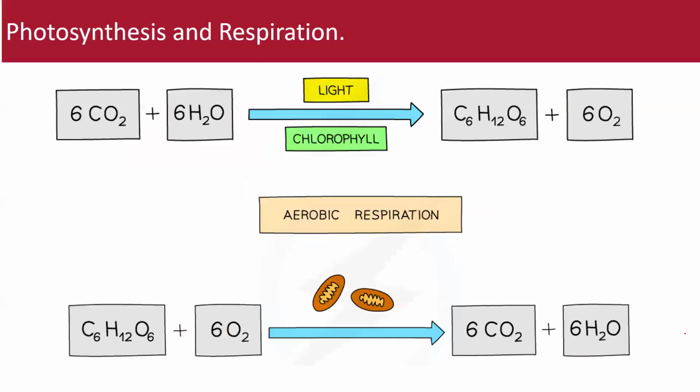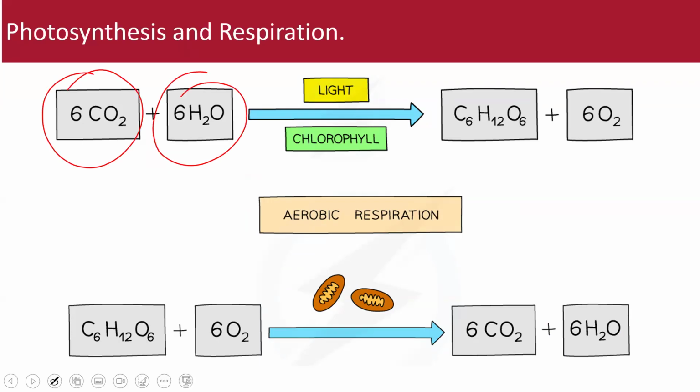Right, atmosphere. Before I start talking about the atmosphere, there's a little bit of repetition, because you're going to get asked about photosynthesis and respiration. No doubt about it. At the top there, I put photosynthesis: carbon dioxide, water, light, chlorophyll, makes glucose, C6H12O6, plus oxygen.